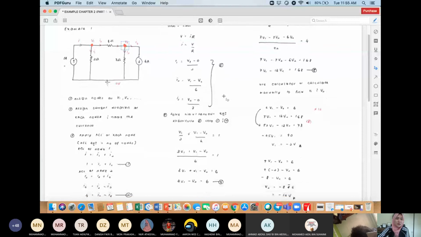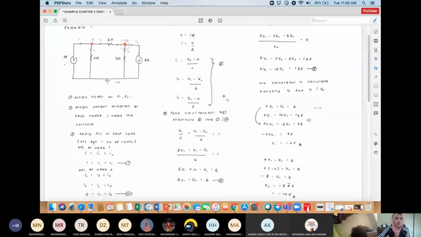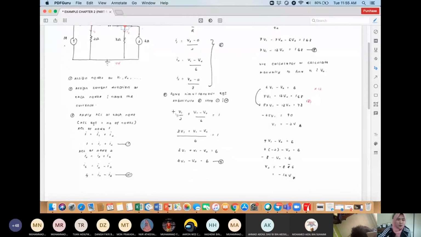Next, solve the simultaneous equations by substituting I1, I2, and I3 into equation 1 and equation 2.